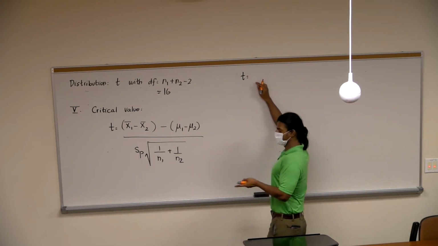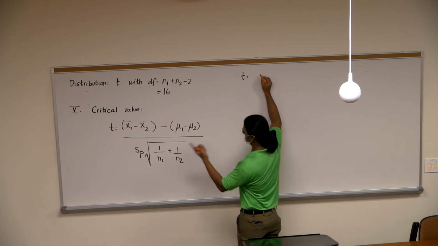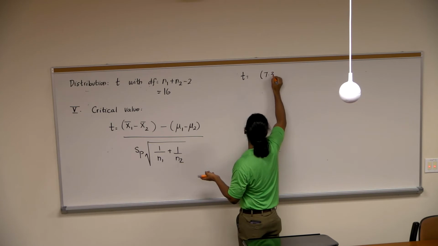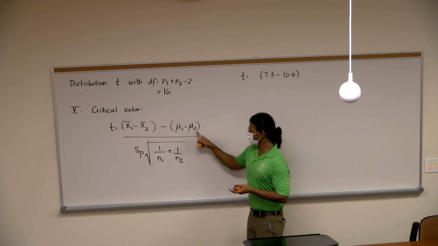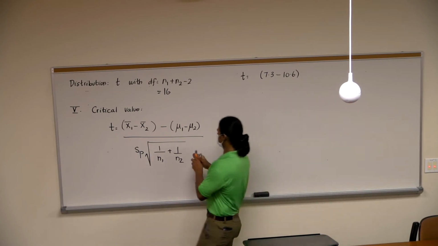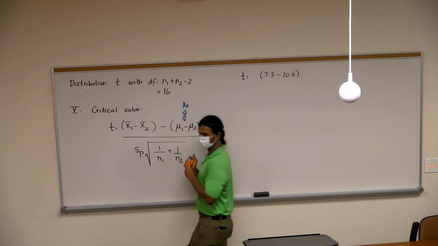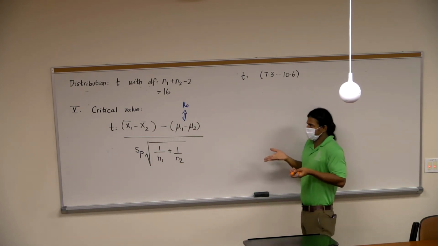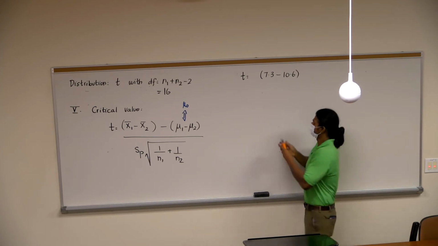So x1 bar minus x2 bar, I believe x1 bar was 7.3, x2 bar was 10.6. What about that difference, mu1 minus mu2? That is the same as the null value, mu naught, right? So what is that mu naught that we had at the very beginning? 0.